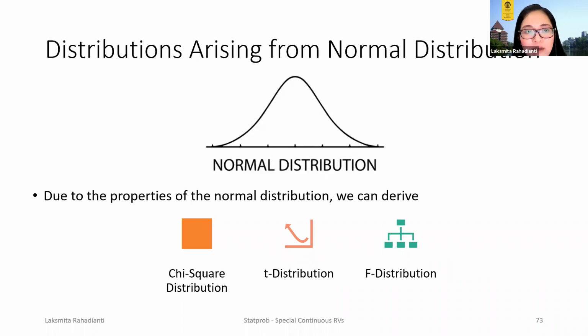The reason why we have these distributions arising from the normal distribution is because the normal distribution is an ideal setting, right? It's a bell, and it's centered at 0 if it's standard. I can simply define it by defining the mean and the standard deviation. They are symmetric. All of these are ideal cases.